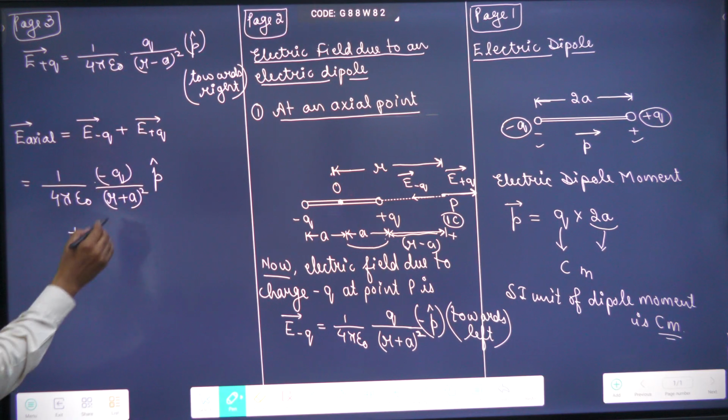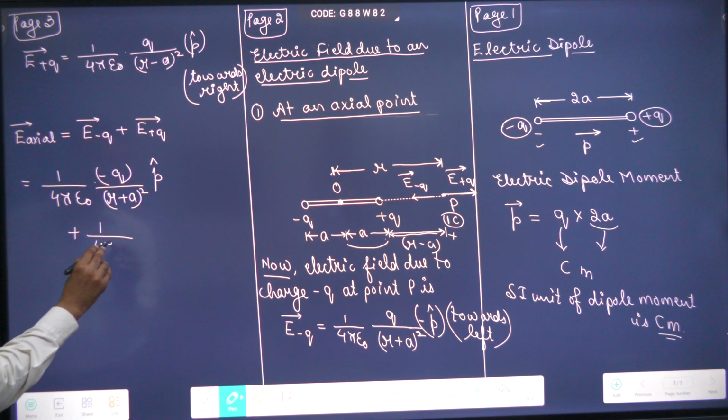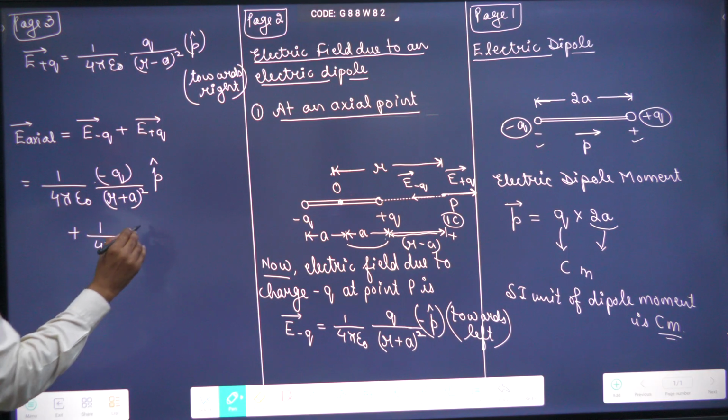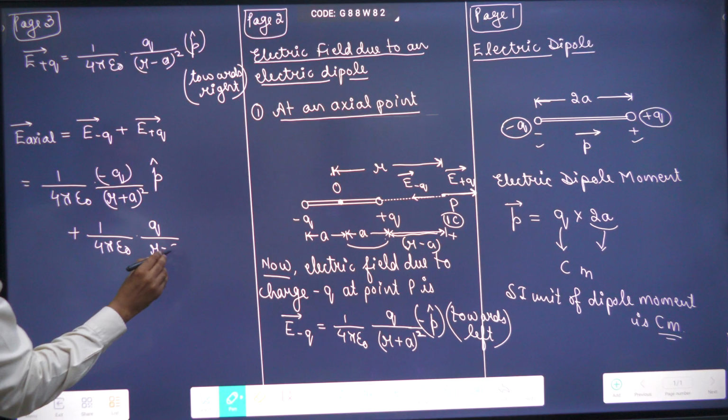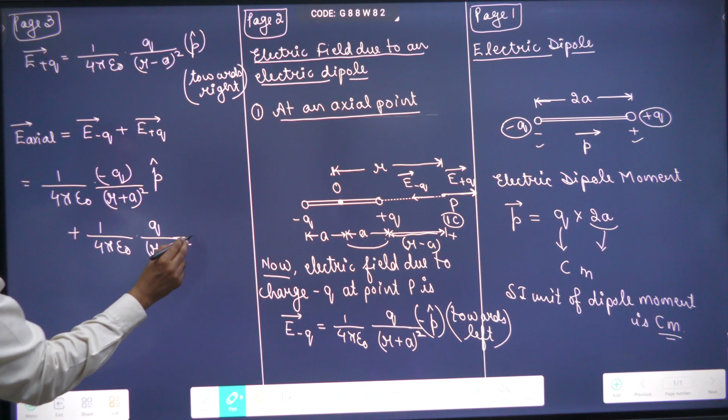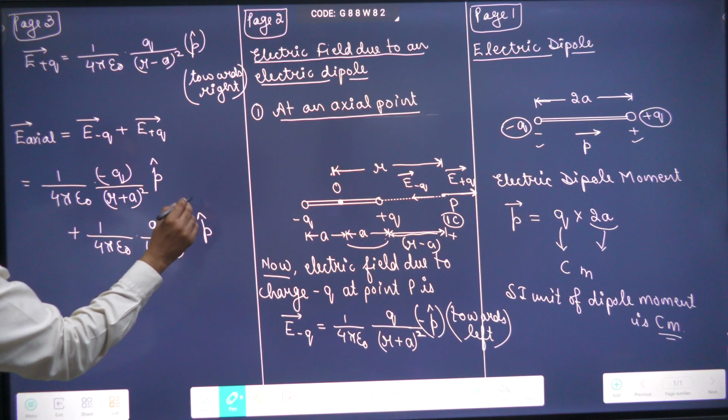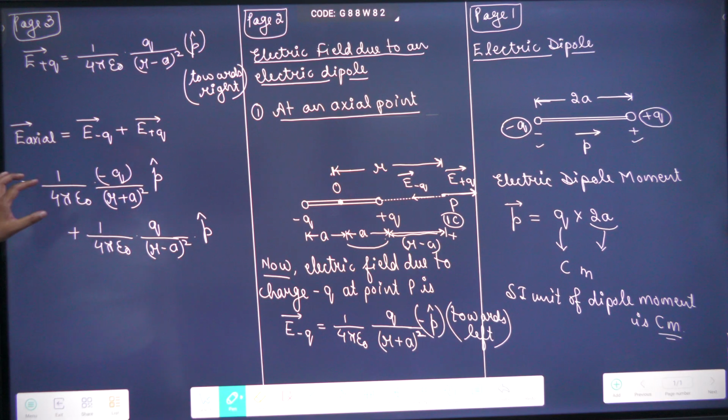Let us take the negative sign along with Q. Plus E plus Q, which is 1 upon 4 pi epsilon naught, plus Q upon (R minus A) whole square, P cap. Now 1 upon 4 pi epsilon naught is in both terms and Q is in both terms, so we can take Q upon 4 pi epsilon naught common.